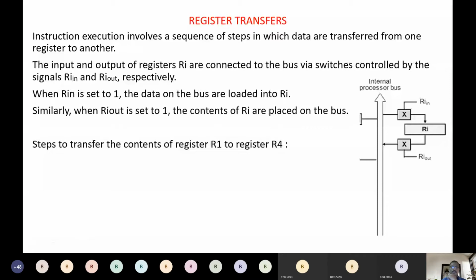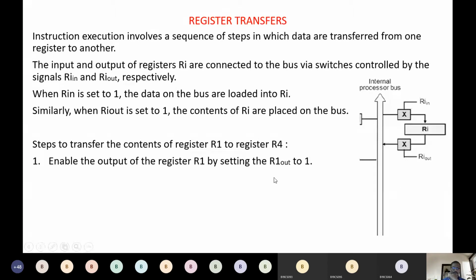How must the signals be? What needs to be set to 1? Assume we have two registers, R1 and R4. Here this one is R1, and visualize a similar diagram here with R4. R1 has R1 in, R1 out, and R4 has R4 in and R4 out.